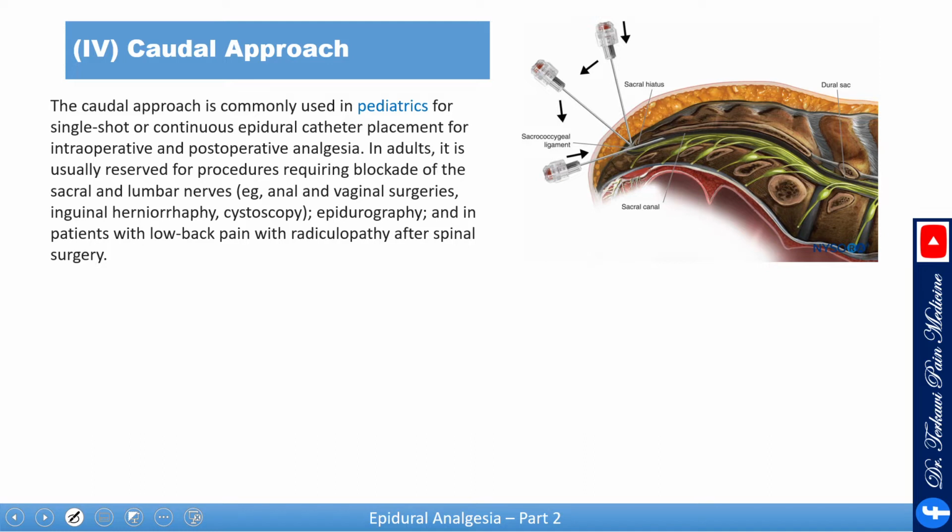So probably not a good idea to do the interlaminar midline or paramedian approach. Then the caudal approach is a safer approach.